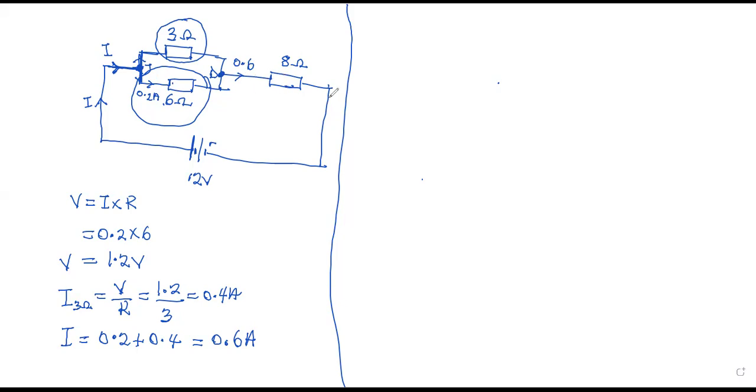If we have the current, then we can also find the potential difference across the 8 ohm resistor. So V8 ohm will be equal to the current, which is 0.6, times the resistance, which is 8. What is 0.6 times 8? Of course, that would be 4.8.